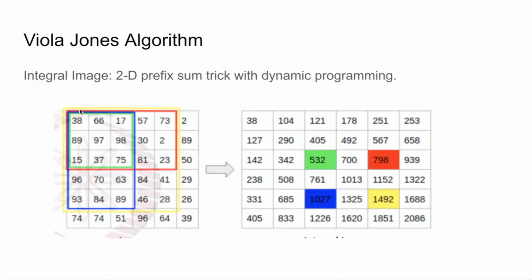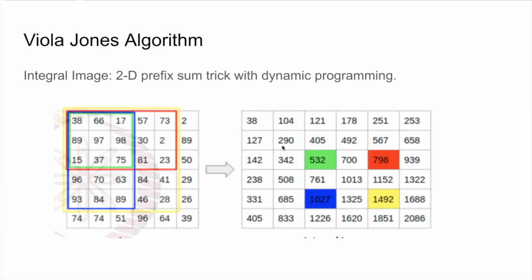Let's say in the integral image, the pixel corresponding to 97 will consist of the sum of all the pixels to the left and all the pixels to the top of that pixel. That is, this pixel will correspond to 38 plus 66 plus 89 plus 97, so it will be 290.